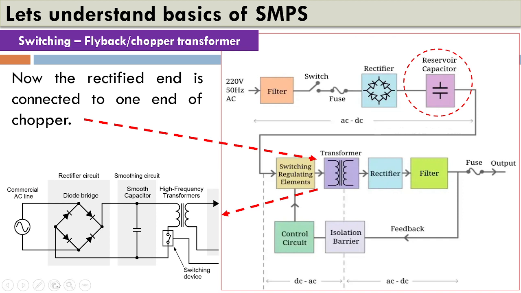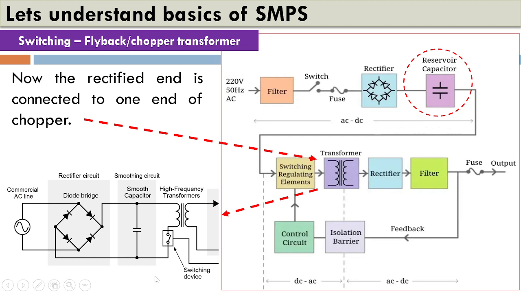So we can have IGBTs, that is insulated gate bipolar transistors, or we can have insulated gate field effect transistors. We can have power MOSFETs in order to achieve this particular action.